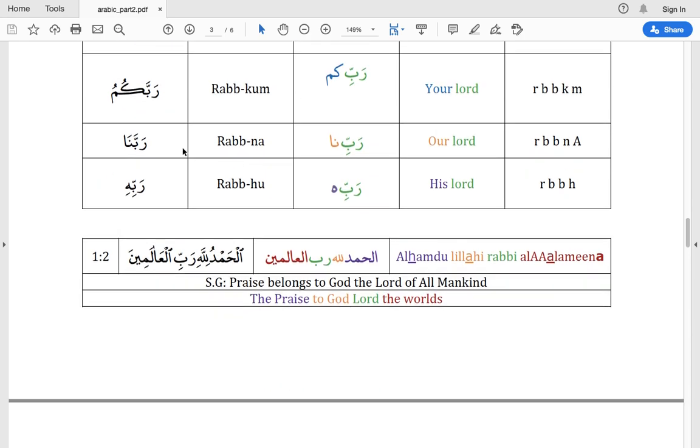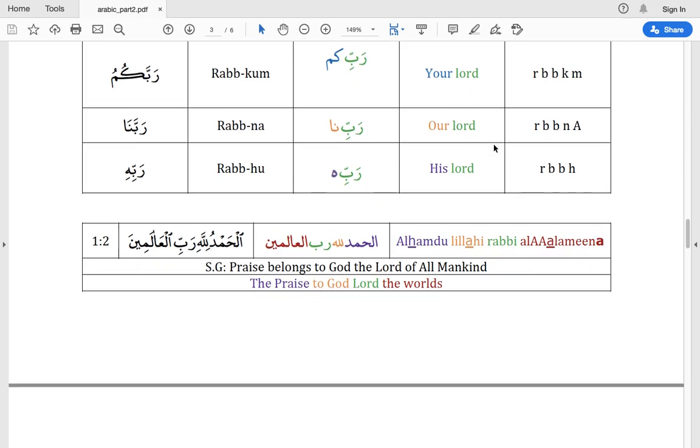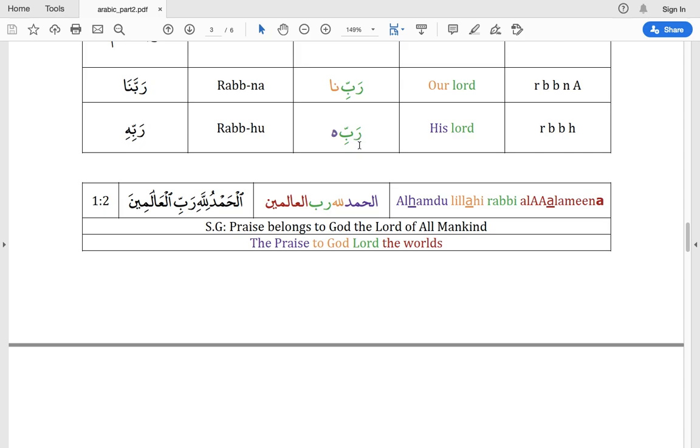Next one is Rabbana. Now this is Ra, Ba, Ba, Noon, Alif, and the na part of it means our, so our Lord. Going forward, we have Rabbihi: Ra, Ba, Ba, Ha.